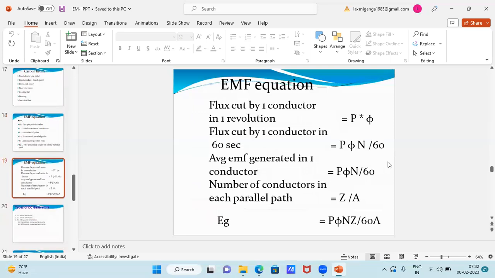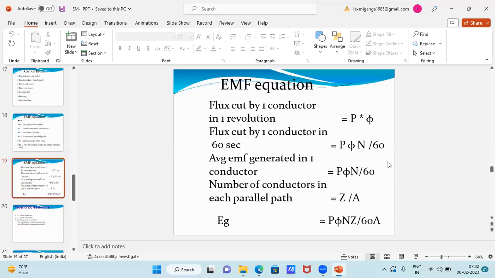According to Faraday's laws of electromagnetic induction, whenever a conductor cuts a magnetic field, an EMF is induced across the conductor.